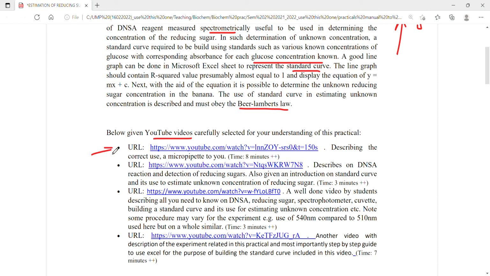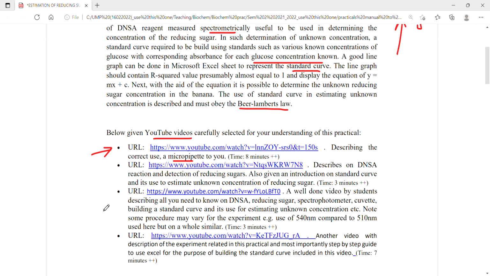The first one, as already described, is on the use of the micropipette. A micropipette is a simple piece of equipment that can deliver various volumes that you are intending to deliver.